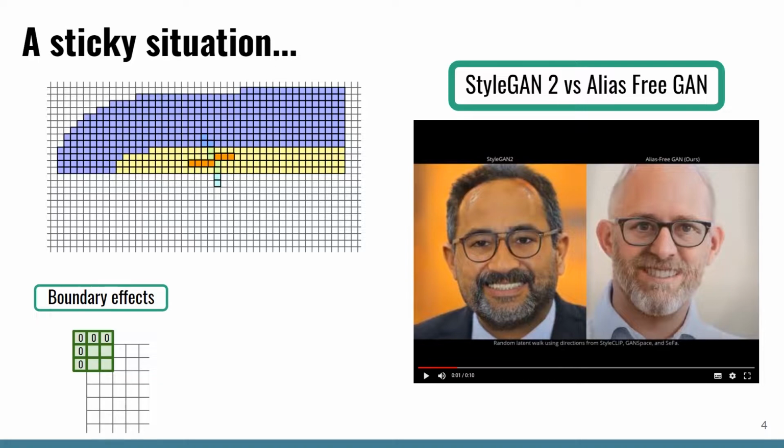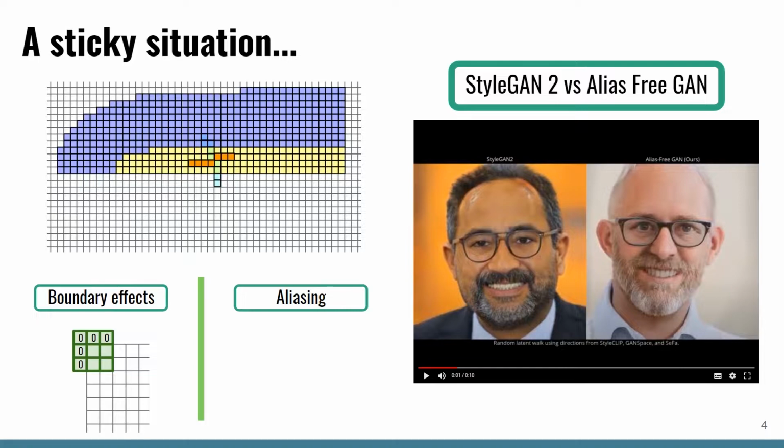So this indicates that the border is here, and then from one layer to another, the perceptual field of the neural network will expand, and it can bring information about the location in the image to basically any pixel after a few layers. So this is the first thing that they will want to avoid.